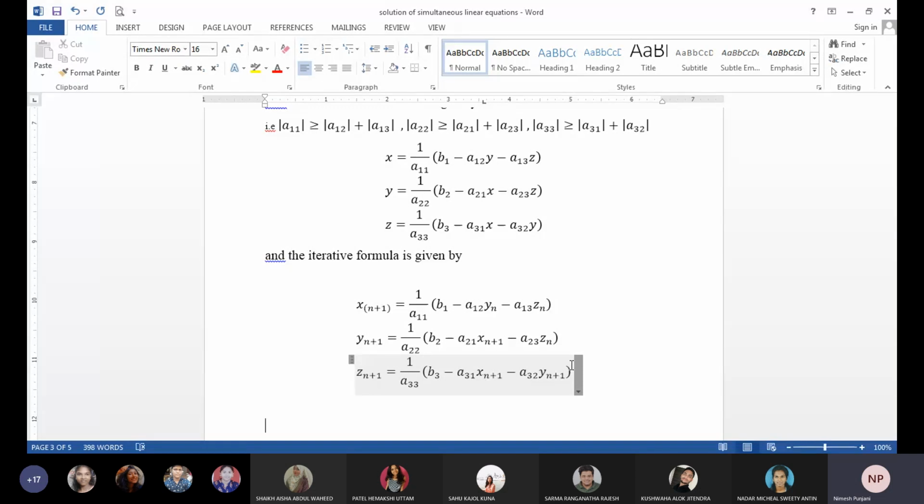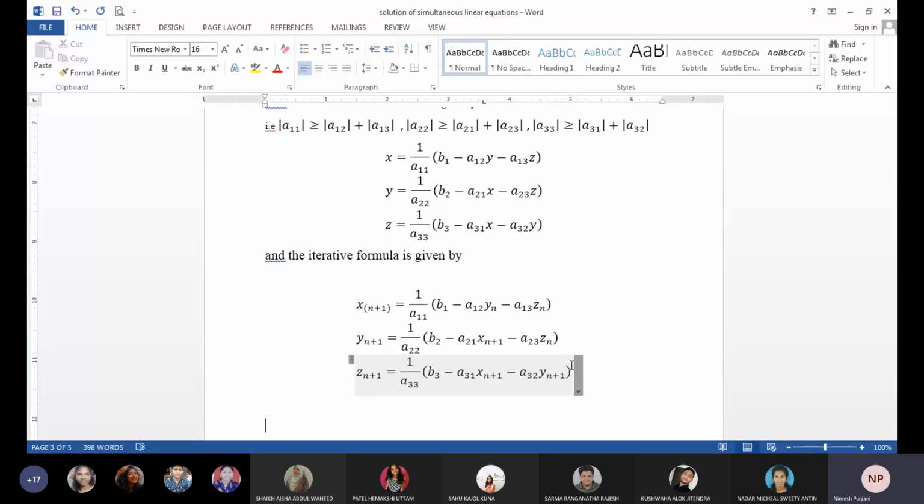You have to be very careful. Yn plus 1 के लिए we are using the new value of your x, and zn plus 1 is 1 upon a33 b3 minus a31 into xn plus 1 minus a32 into yn plus 1. So zn plus 1 के लिए we use new value of x and new value of y. These are the formula.